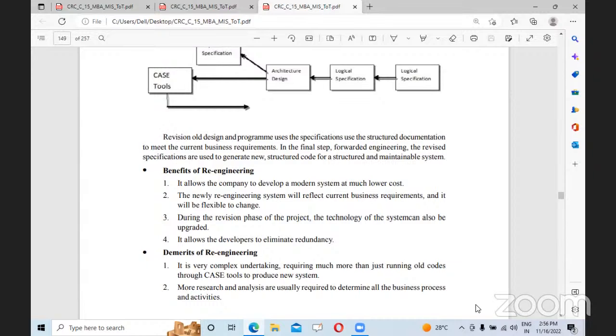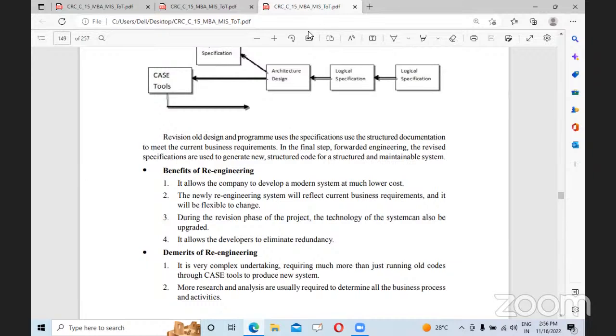And what are the benefits of reengineering? It allows the company to develop a modern system at much lower cost. The newly reengineered system will reflect current business requirements and it will be flexible to change. During the revision phase of the project, the technology of the system can also be upgraded and it allows the developers to eliminate redundancy.